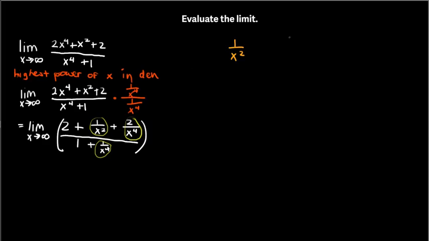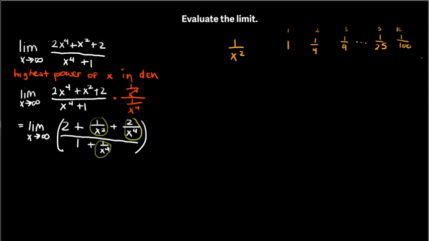When x equals 1, this is going to be equal to 1. When x equals 2, this is going to be equal to 1/4. When x equals 3, this is going to be equal to 1/9. But what if we have x equals 5? It's going to be 1/25. What if we have x equals 10? We're going to have 1/100th.